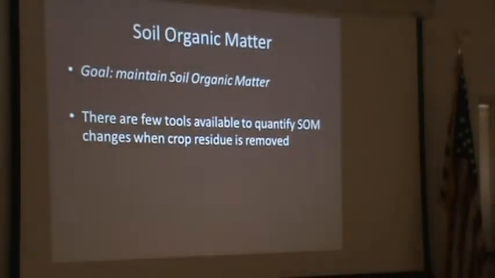So the goal of our model is to maintain soil organic matter. And as I stated earlier, there's very few tools out there that quantify soil organic matter changes when crop residue is removed, such as baled up and made available for biofuel.